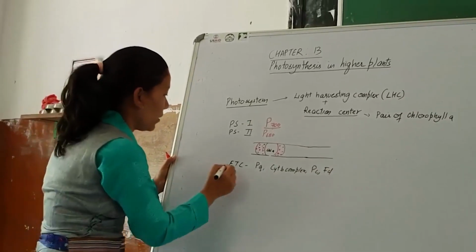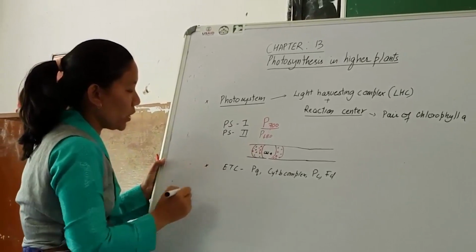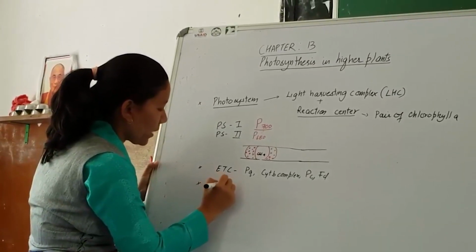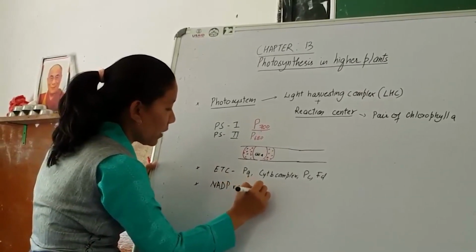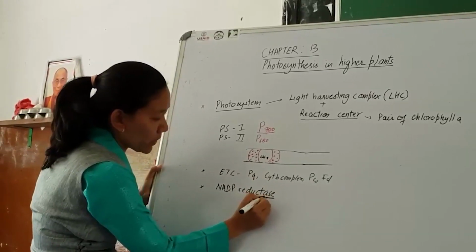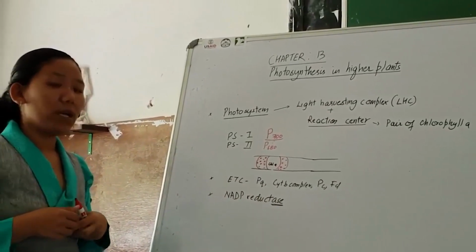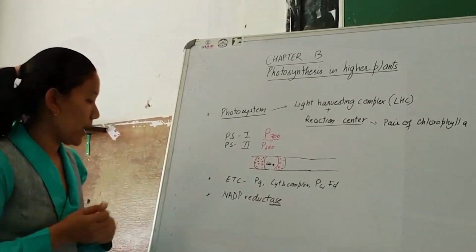Okay, so this is one important component, this is another one, and next we have NADP reductase. Just by looking at this, we can point out that it is an enzyme which helps in reduction of NADP.